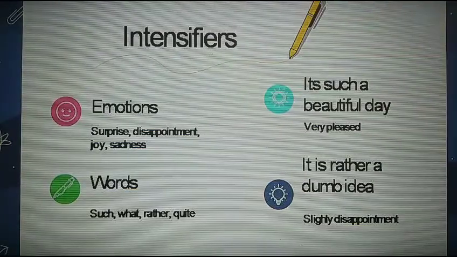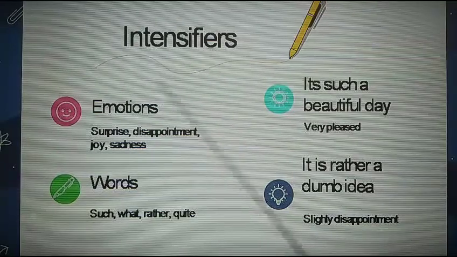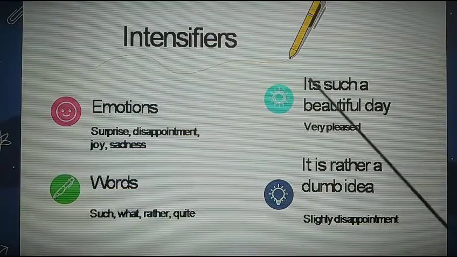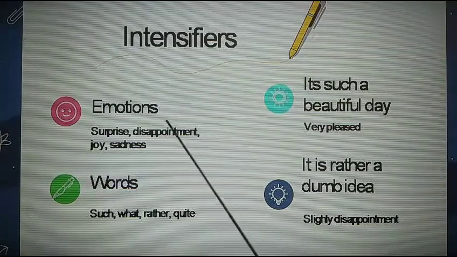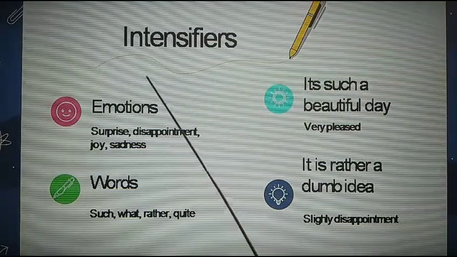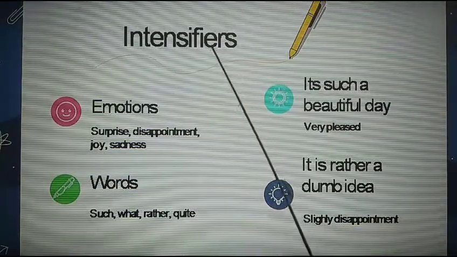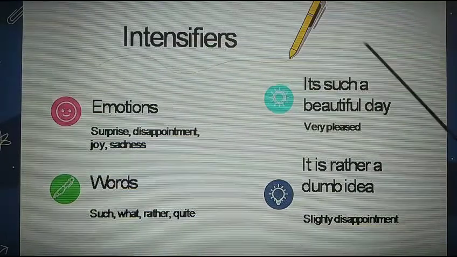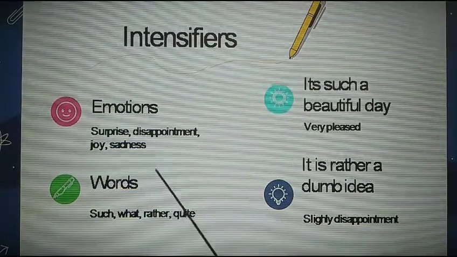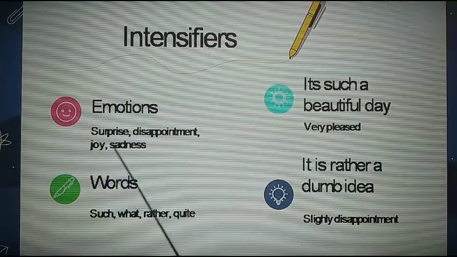And at last we have the intensifiers, which are words that we use to multiply or to divide the intensity of an emotion. When we say intensifiers, they can be used to give more intensity or less intensity. Emotions such as surprise, disappointment, joy, and sadness.